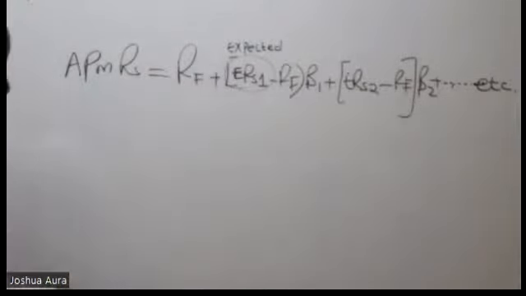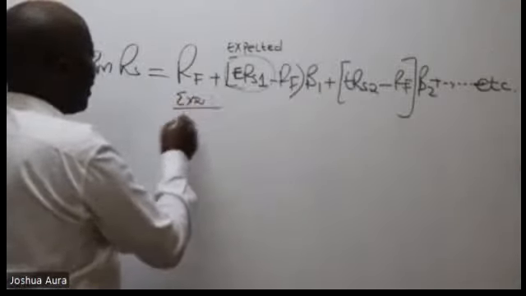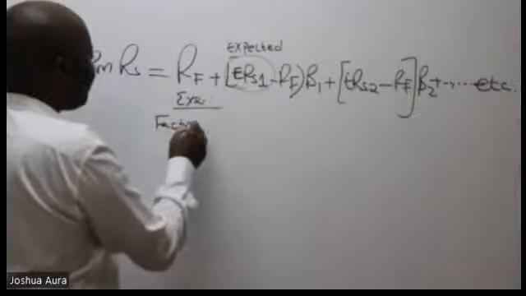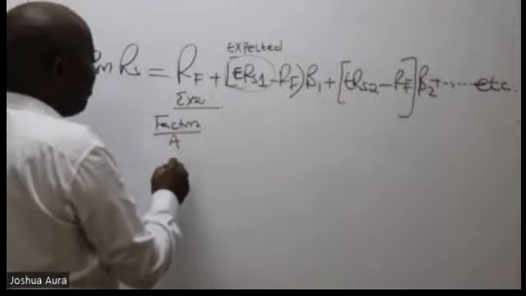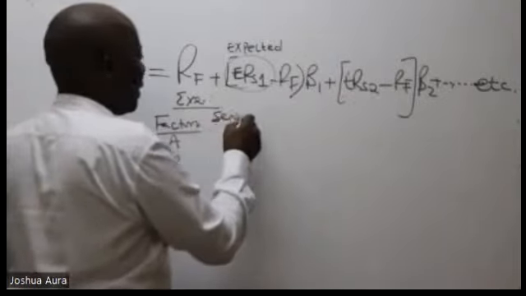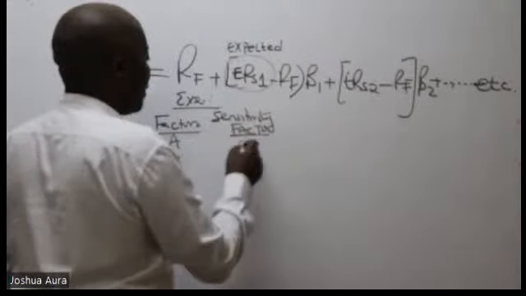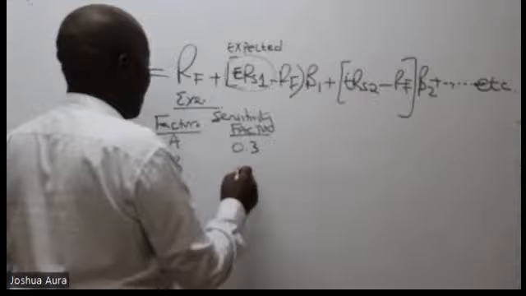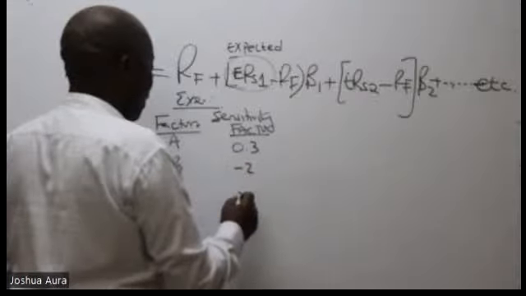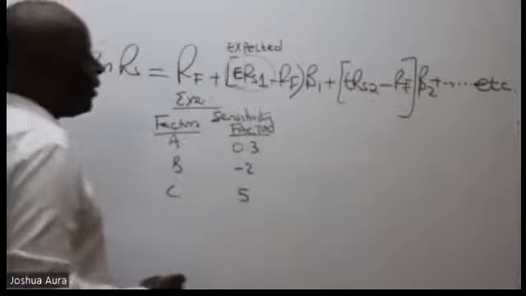Now, ladies and gentlemen, here we have an exercise. So we have here factors A, B, C. We have what we call the sensitivity factor. This could be 0.3, this could be -2, this could be 5, like that.